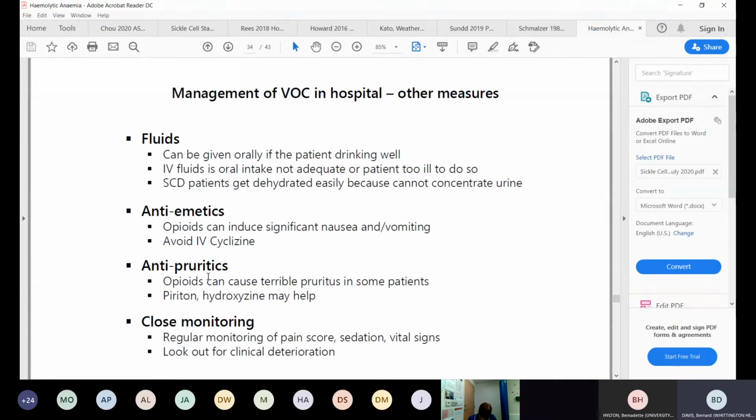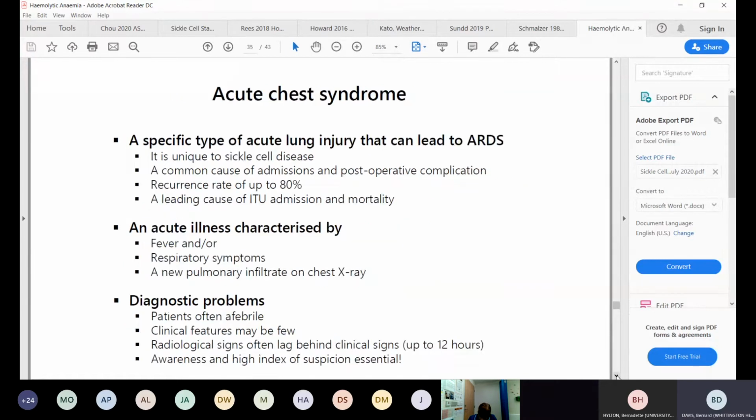Okay, some patients get really bad itching with opioids, and again, antipruritic agents are needed. Importantly, also, even with ordinary painful crisis, please look out for clinical deterioration and act quickly when that occurs.